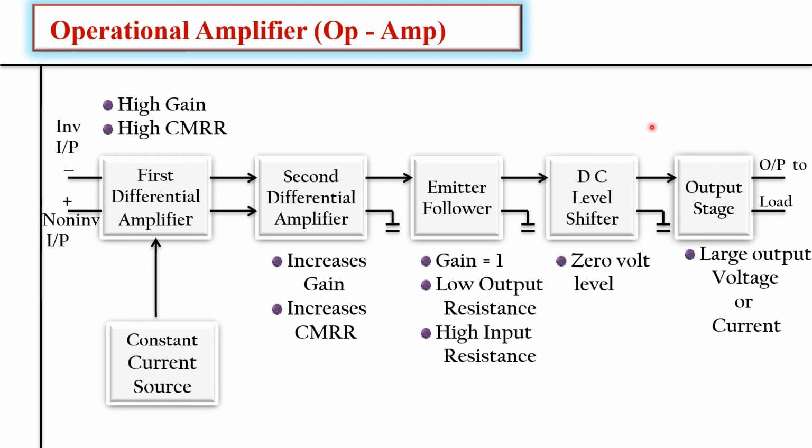Clear? So an operational amplifier has two input terminals and one output terminal. The differential amplifier is the first stage of the op-amp. In the differential amplifier, the signals at the two inputs produce opposite changes in the collector current of either transistor.